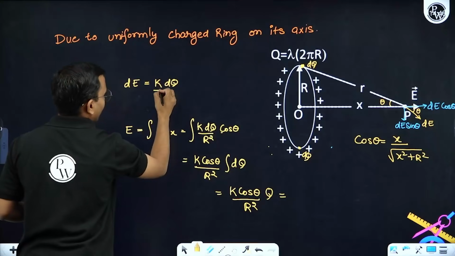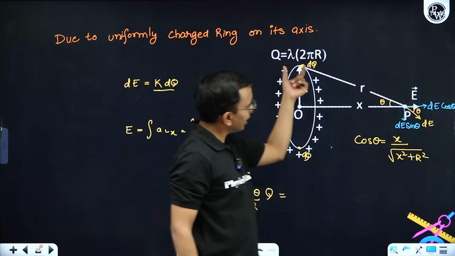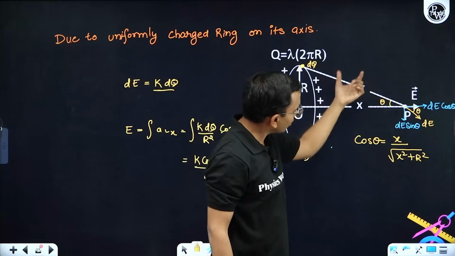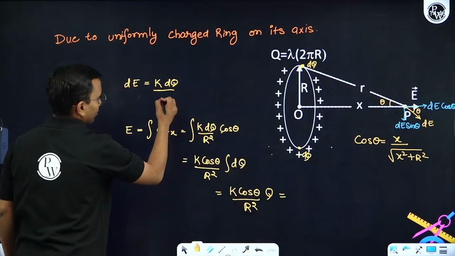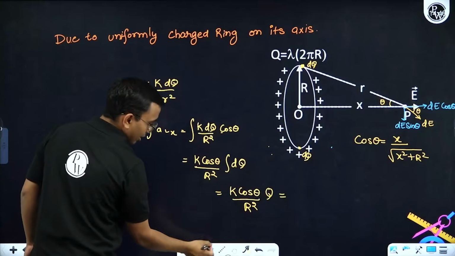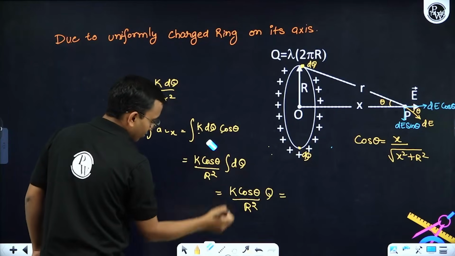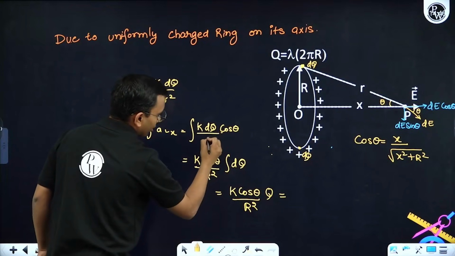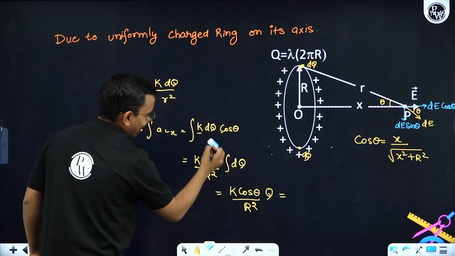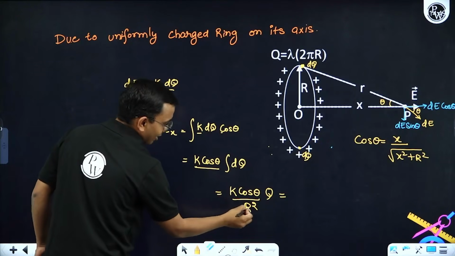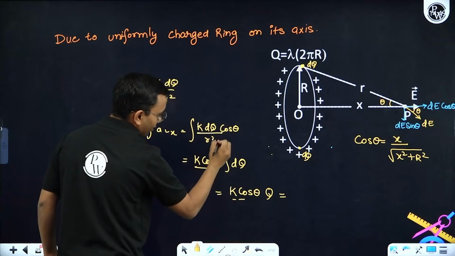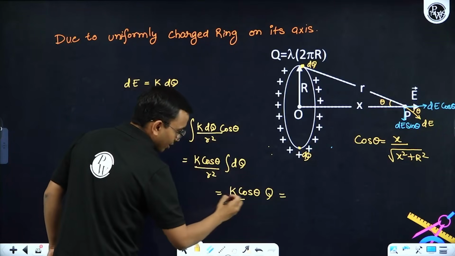When I was writing dq, k dq by r square, r square was this small r distance. I wrote capital R there. This was not capital R, this was small r. Correct it.